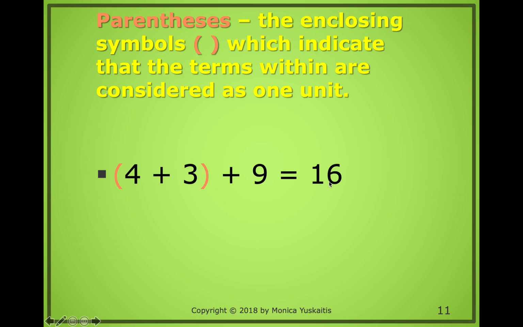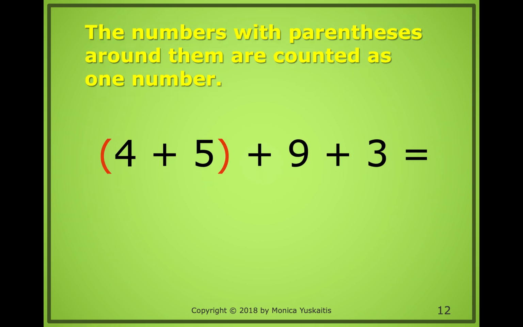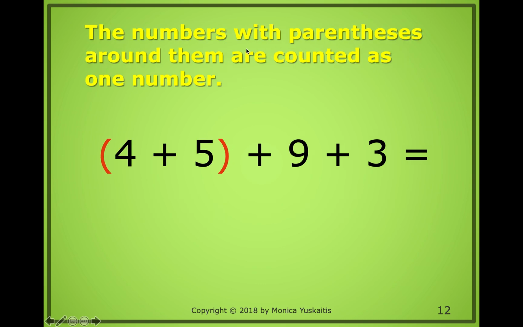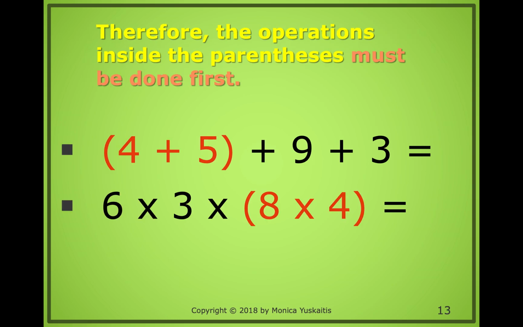All right, let's try another one. The numbers with parentheses around them are counted as one number. So I've got to do this first. 4 plus 5 equals 9. 9 plus 9 equals 18. 18 plus 3 equals 21, right?